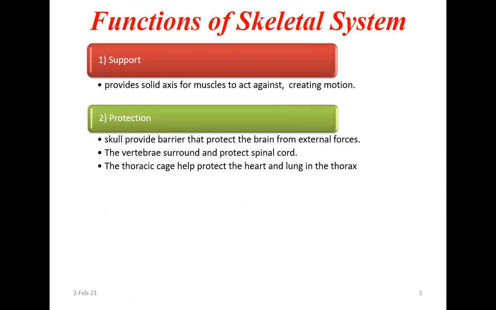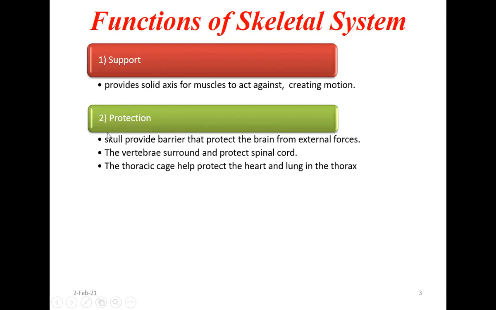Then it also helps in protection. First is support, the second is protection, especially in case of the brain. The brain is a very sensitive organ, so it is protected by multiple bones which together are called the skull. The skull provides a barrier that protects the brain from external forces. We'll study the skeleton later.